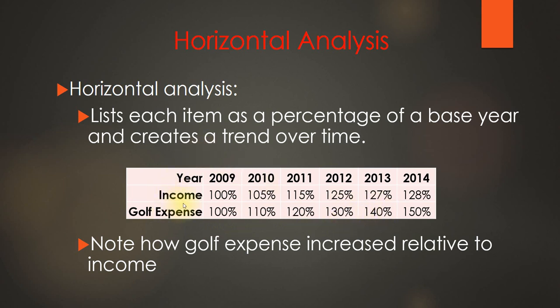But it is interesting to see how the different line items here can be used to compare, for example, income and golf expense, because the golf expense in terms of the percentage of this base year is increasing at a faster rate than income. Interesting point.